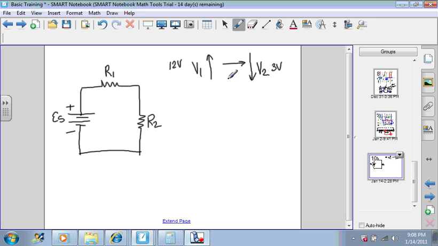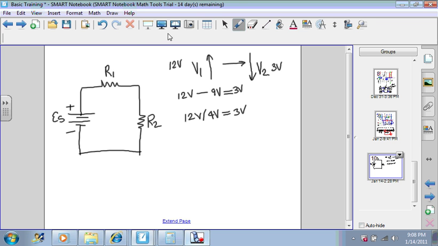Now, there are many ways to get from 12 to 3. You can say 12 volts minus 9 volts, and that will give you 3 volts. Or you can say 12 volts divided by 4 volts. That will give you 3 volts.